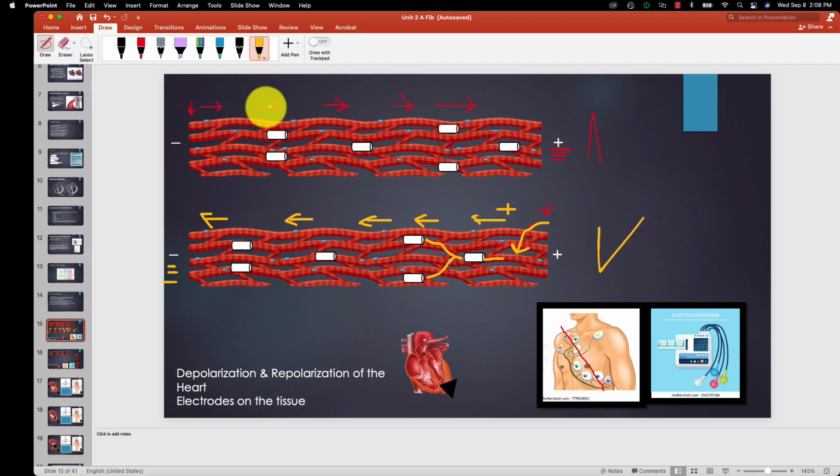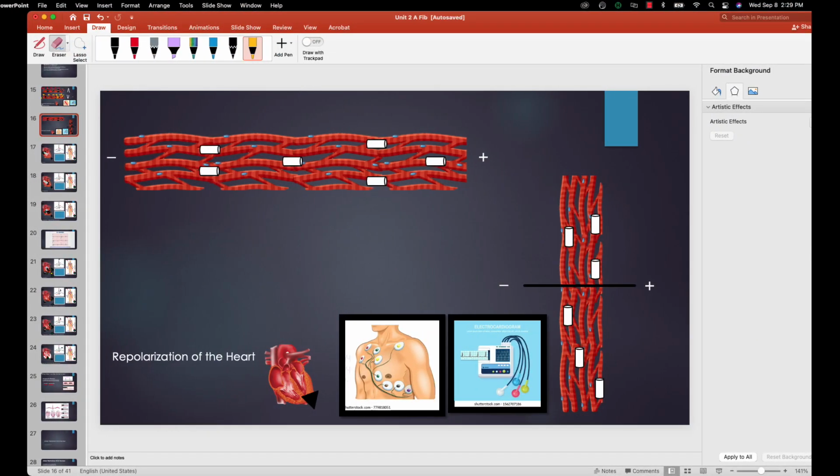So if we have positive charges moving towards a positive electrode, we get an upward deflection. If we have a positive charge moving away from a positive electrode or towards a negative electrode, we get a downward deflection. And as you can see, that sums up how all of this works. So let's go into it a bit deeper. I hope that makes sense.